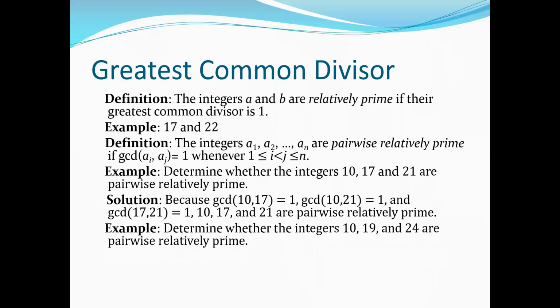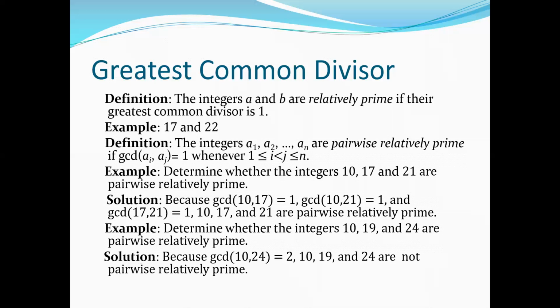If one of the pairs doesn't yield 1 as its GCD, it is not considered pairwise relatively prime. So don't forget that. For 10 and 24, what is the greatest common factor? It's 2.